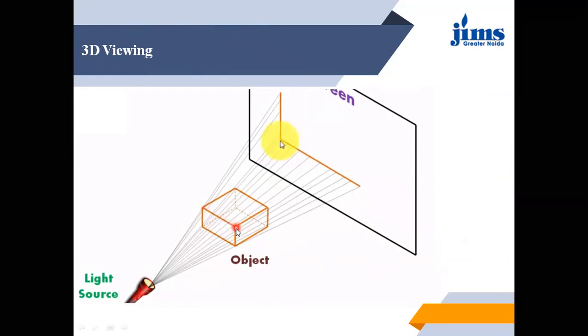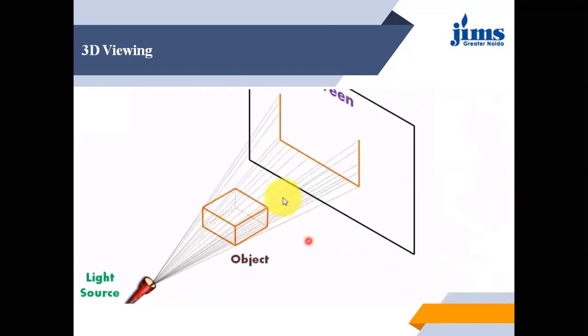So let's try to understand the projection of this edge, that is the right hand vertical side edge, and see how the rays are going to be projected on the screen. This is the edge for which we want to see the projection on the screen.